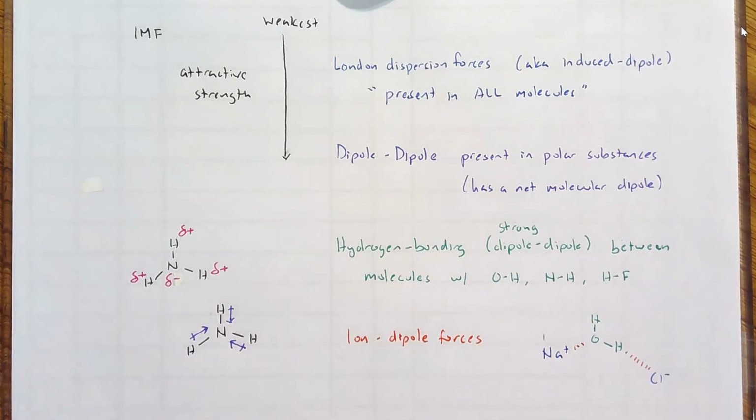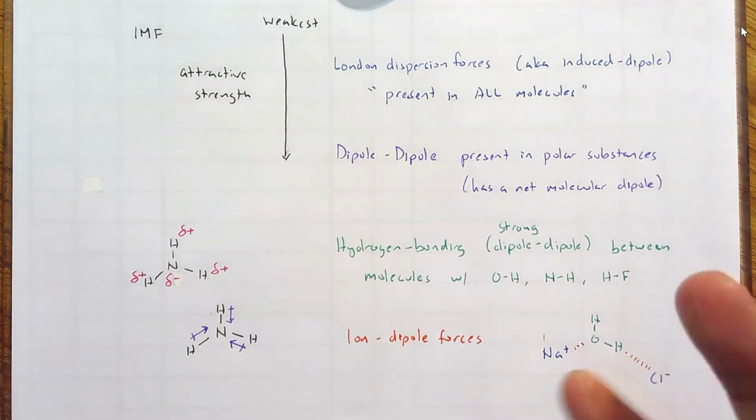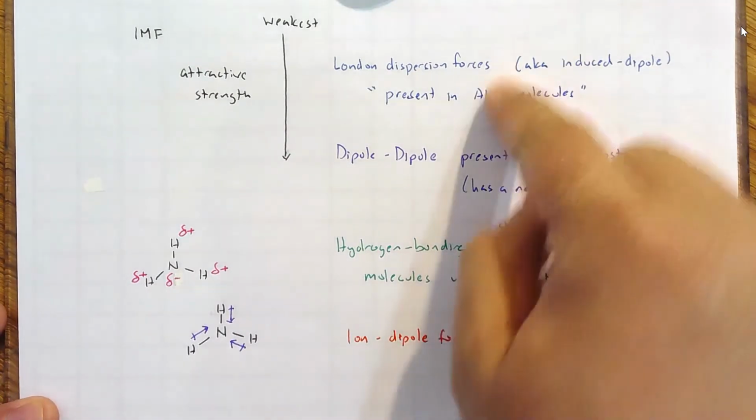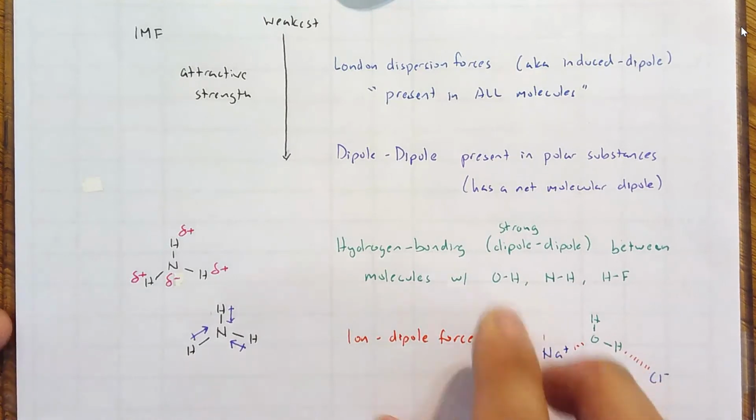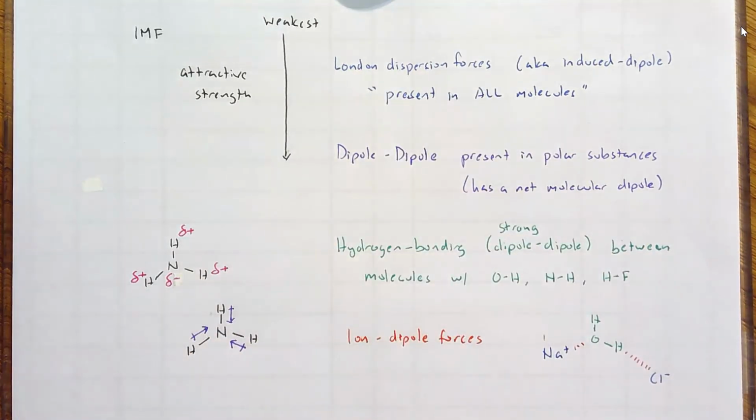So the number of these attractions counts as well in terms of the strength, or in terms of how well the solvent surrounds the solute. Normally when we talk about this, we talk about boiling point, but not in this case. Now we're using these attractions to solvate solute molecules.